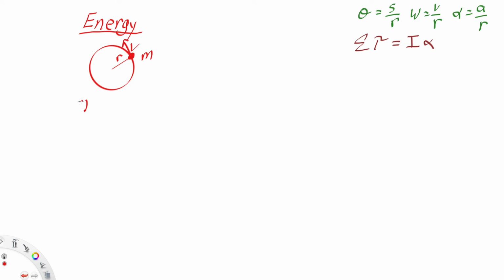Okay, and we write that the kinetic energy of this object is equal to 1/2 mv squared. We're going to make a substitution, though, because we want to talk about the energy of rotation. So instead of writing down v, we're going to write down omega times r.